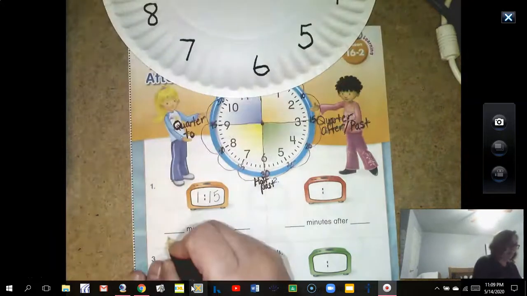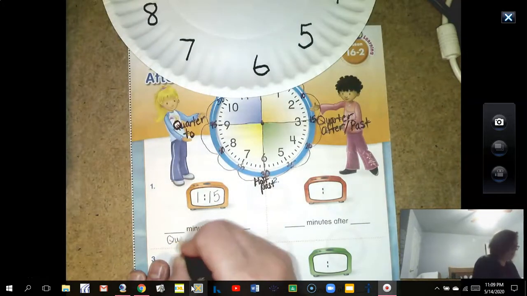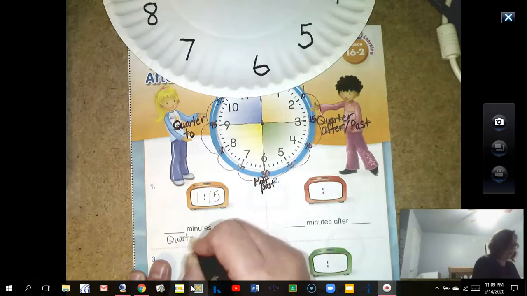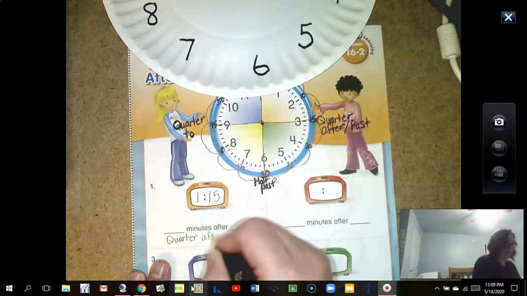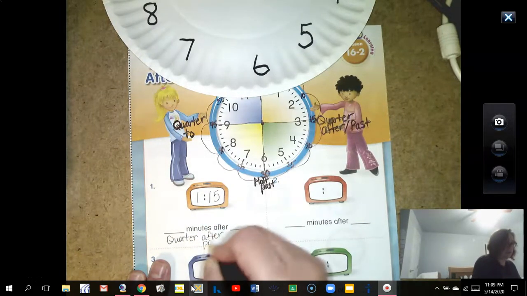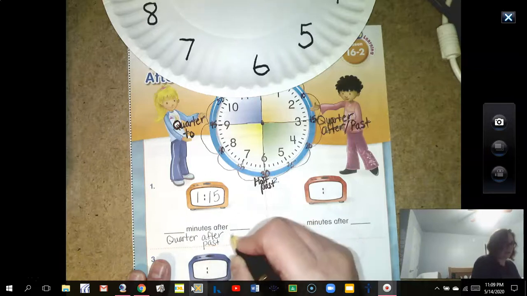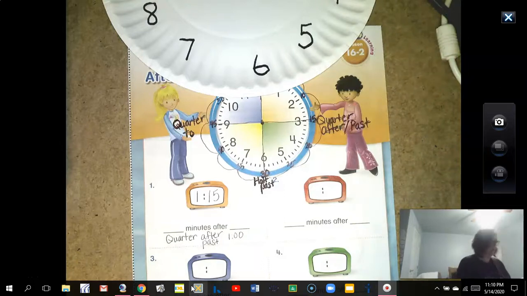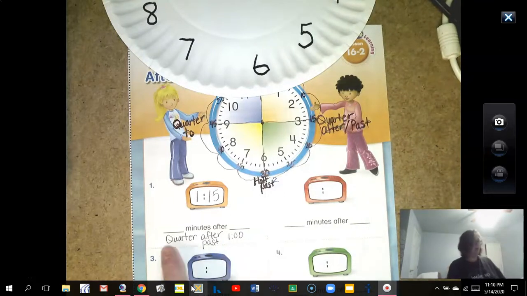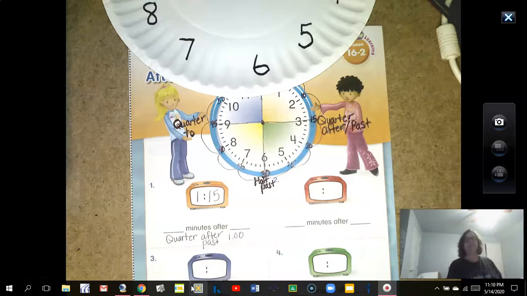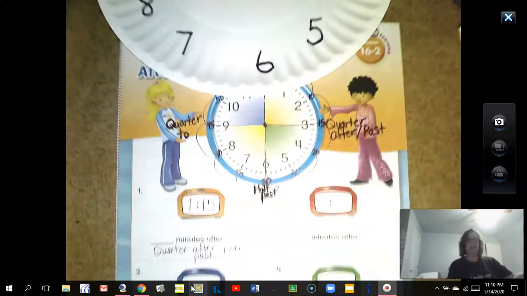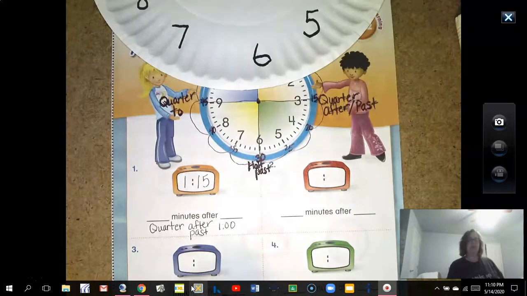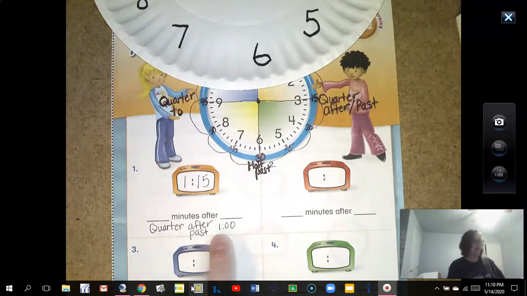So I am going to put 1/4 after, or I could say past, 1 o'clock. So 1/4 after 1 or 1/4 past 1. Okay? You see that? Read that 1/4 after 1 or 1/4 past 1.